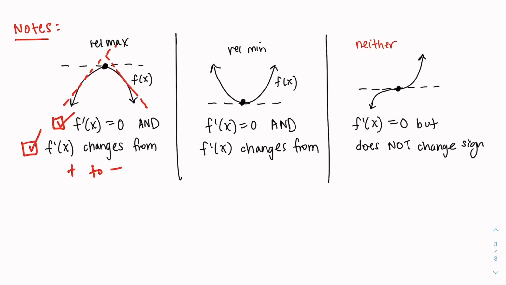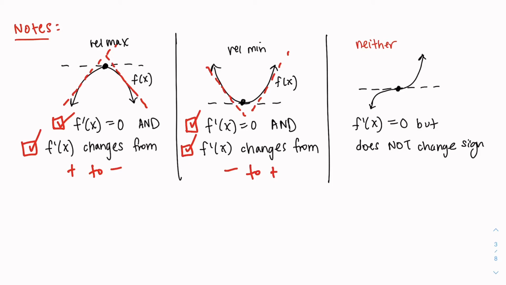If those 2 boxes are checked, we've got a max. Now, in the case of a min, you also need to have a horizontal tangent line, of course, but then your slope should be changing from negative on the left to positive on the right. If those 2 boxes are checked, then we definitely have a relative min.